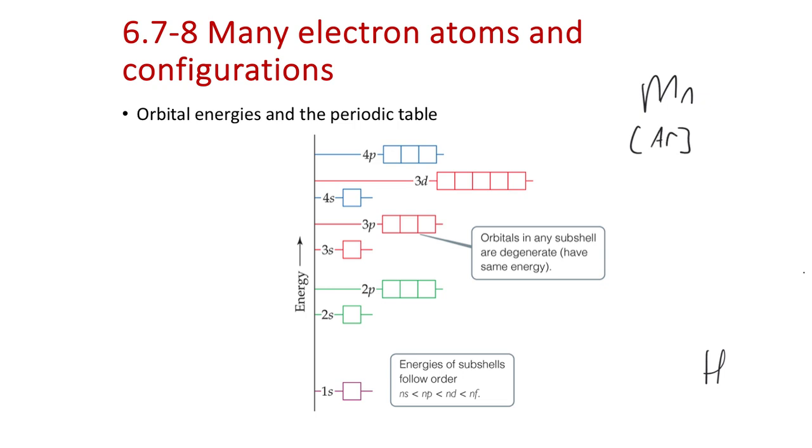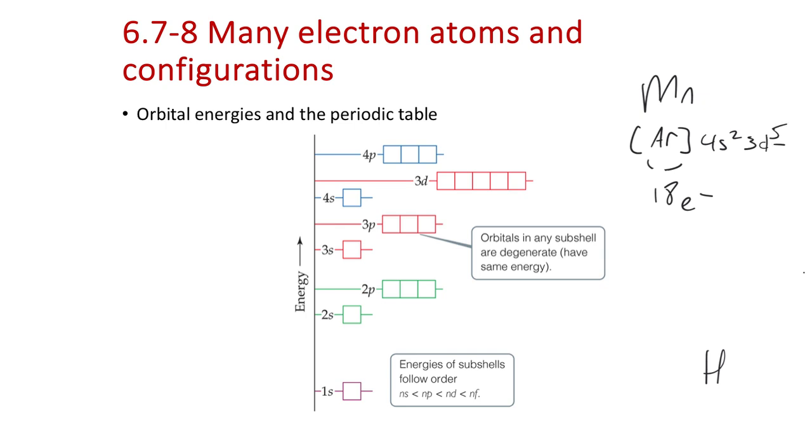The nearest noble gas preceding manganese would be argon. So the configuration of argon, that's 18 electrons, would be the 1s2, 2s2, 2p6, 3s2, 3p6 combination, followed by the 4s2, and then followed by the 3d5.